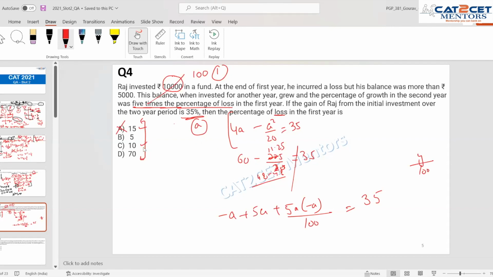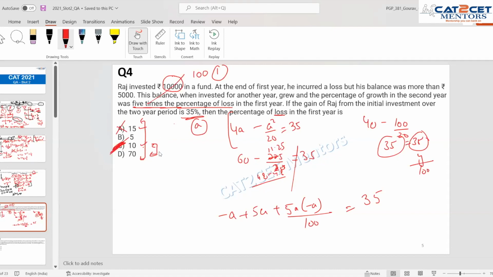Okay, so now let's put option C. It will be 40 minus 100 divided by 20, and it comes out to be 35, which equals the right hand side 35. So our answer is option C, 10%. In a quadratic you will get two values, 10 and 70.